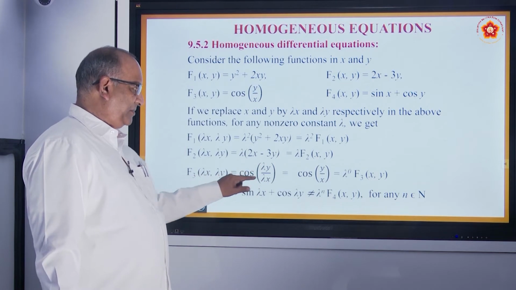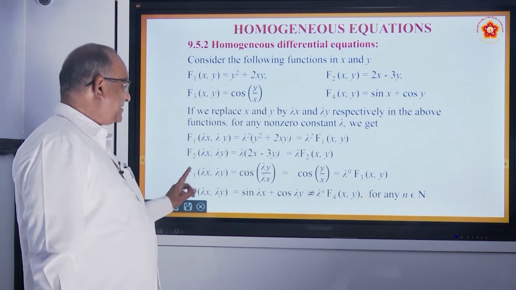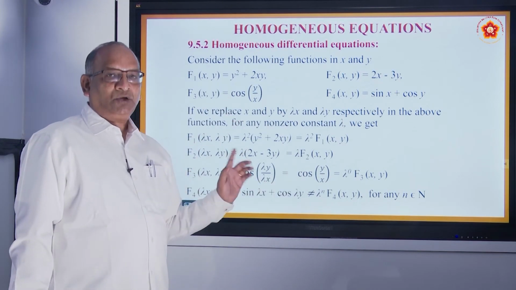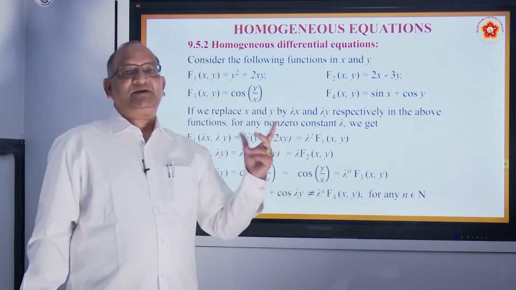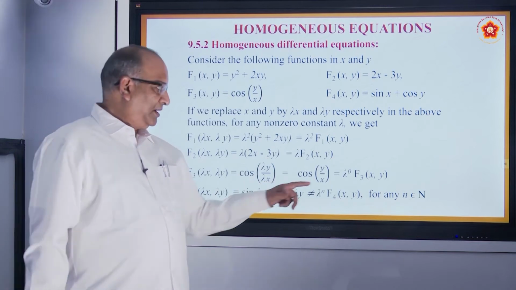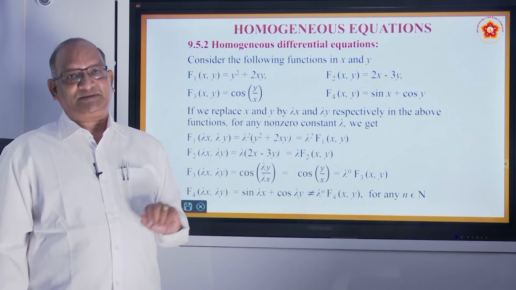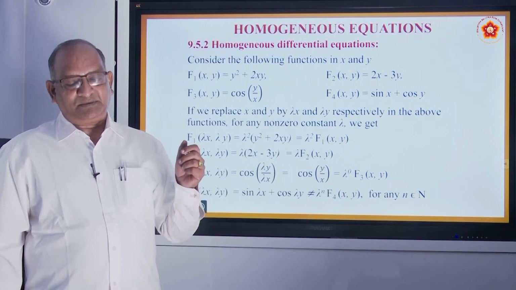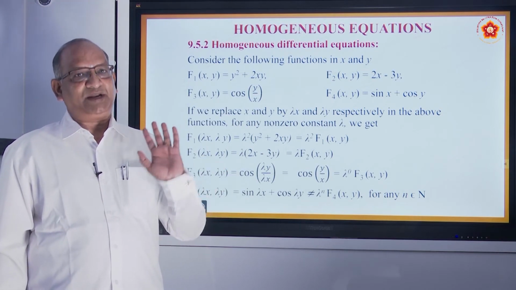If you cancel lambda, you get cos y by x. So cos y by x was the original, and now also we got cos y by x. So we can write it as lambda to the power 0 times f3(x,y), because anything to the power 0 is 1. So it is also homogeneous. As I mentioned, the power of lambda is any whole number. It can be 0, 1, 2, 3, anything.